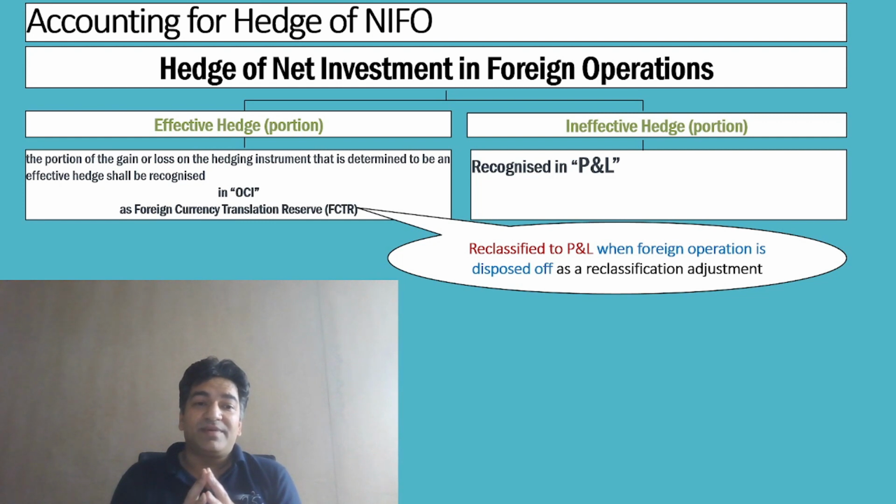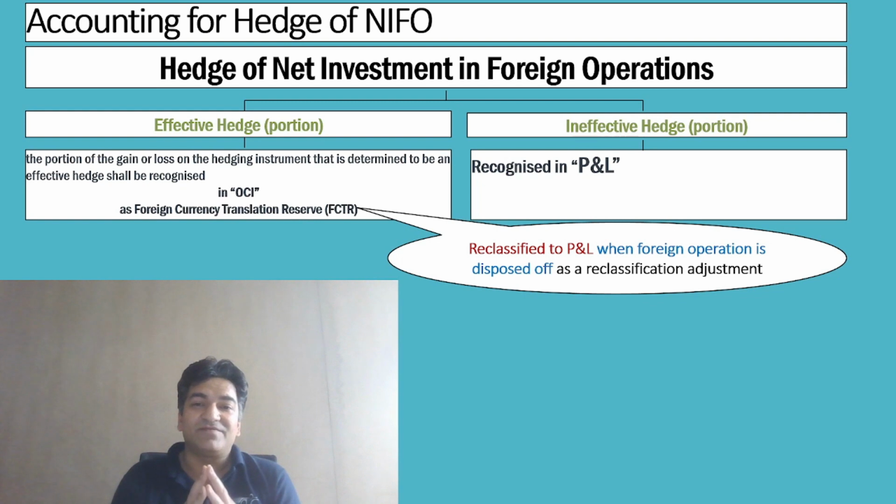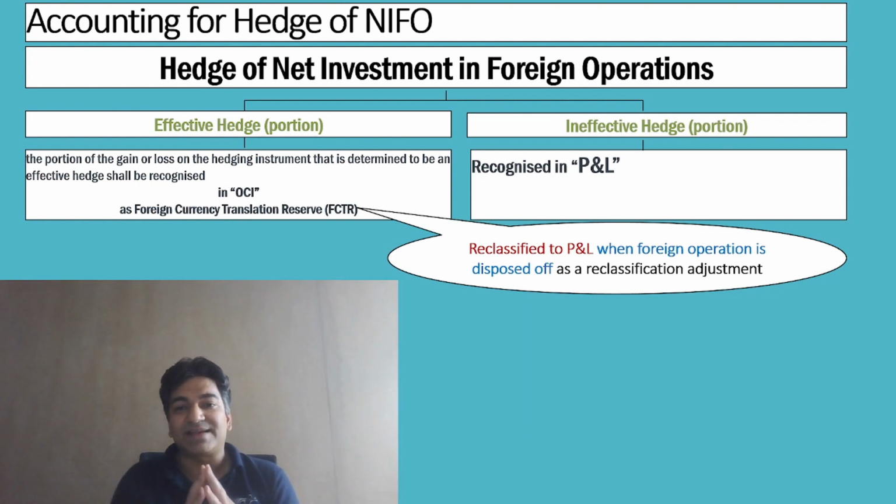So what will happen to the gains and losses which are recognized in other comprehensive income? These will be reclassified to profit and loss as a reclassification adjustment when the foreign operation is disposed of. So guys, the treatment of hedge of net investment in a foreign operation is the same as the treatment of cash flow hedges. In a cash flow hedge also, the gains and losses on the hedging instrument determined to be an effective hedge are recognized in other comprehensive income, and to the extent they are ineffective, they are recognized in profit and loss.